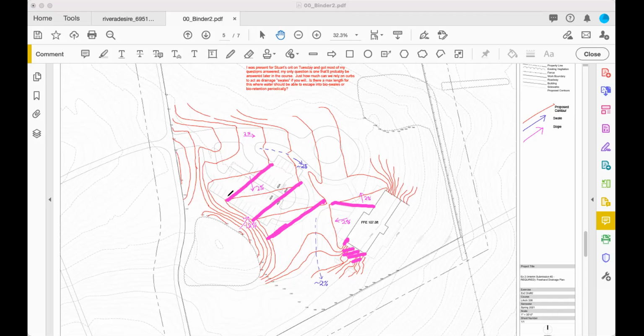Like I suggested before, you're making a long connection in this direction to connect back, but if we rotate it to this direction, then the connection wouldn't need to be that long anymore. In this corner, some of the water is going directly into your parking lot, which is not a big issue, but once you rotate it, you'll find creating that swale easier.